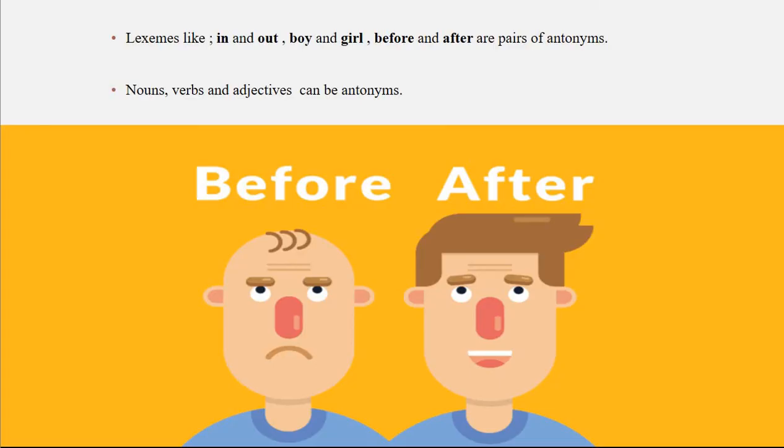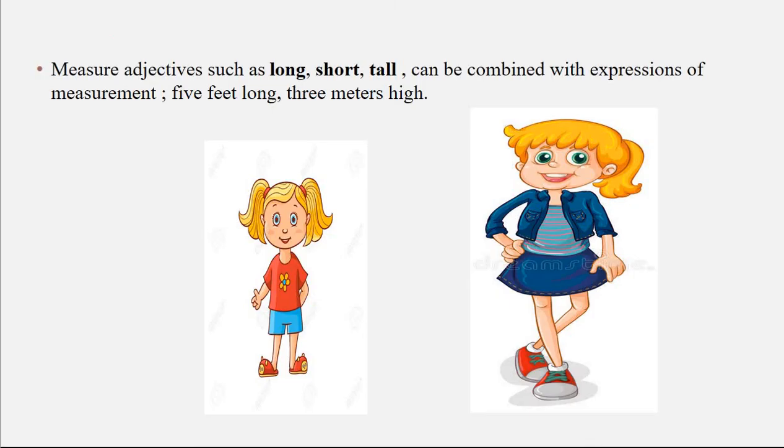So lexemes like in and out, boy and girl, before and after are pairs of antonyms. And nouns, verbs, and adjectives can be antonyms also. Measure adjectives such as long, short, tall can be combined with expressions of measurement, like 5 feet long, 3 meters high.